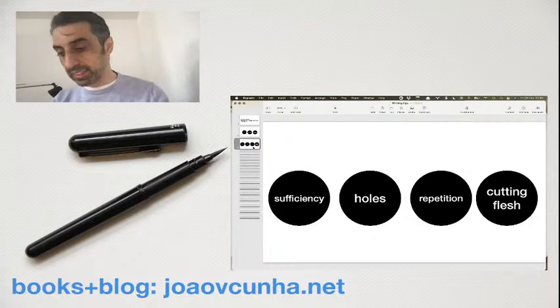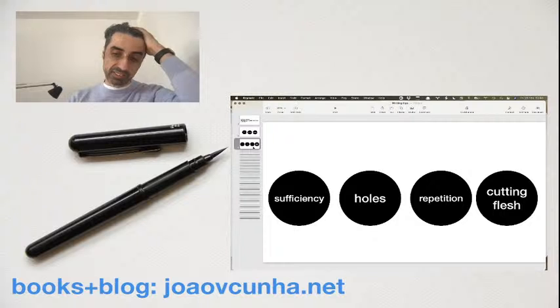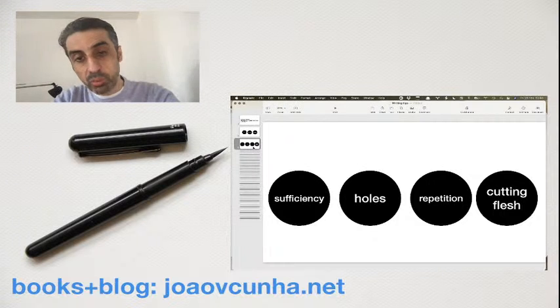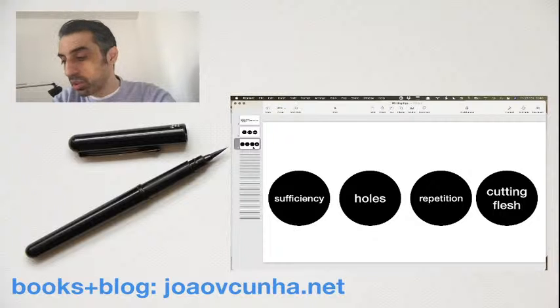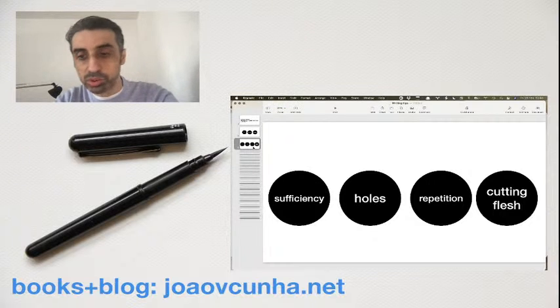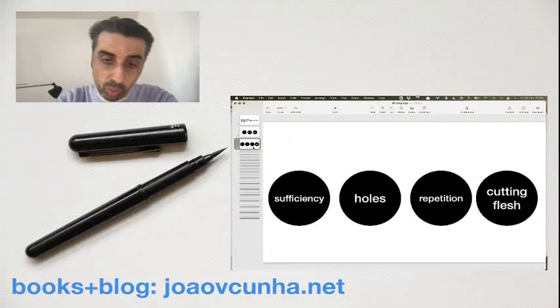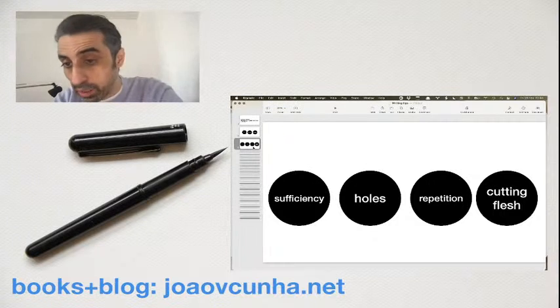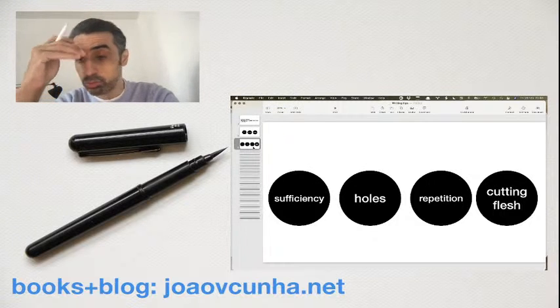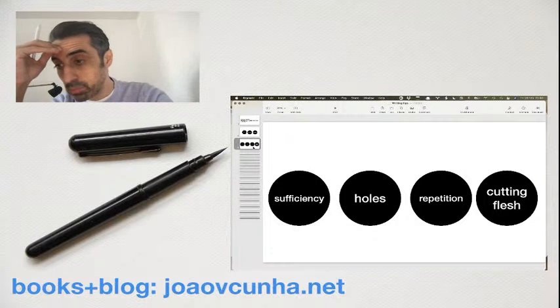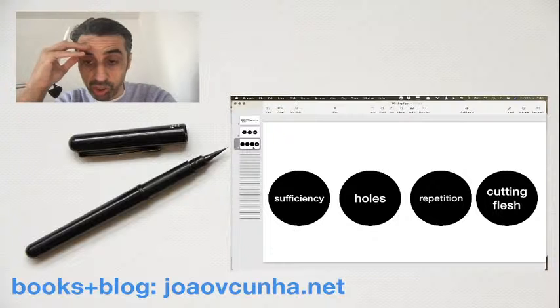The final thing that an outline is very useful for is cutting flesh, especially when you write qualitative papers. Your paper will just be too long. And sometimes journals will impose a page limit or word limit on your paper, and you'll have to cut things that are important, things that matter. Contributions to theory, bits of data, parts of the discussion.